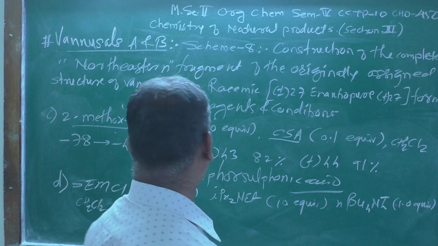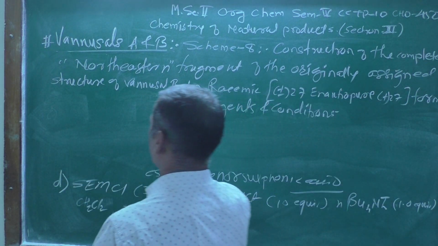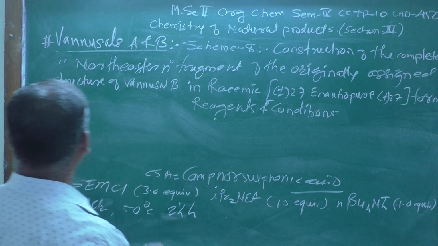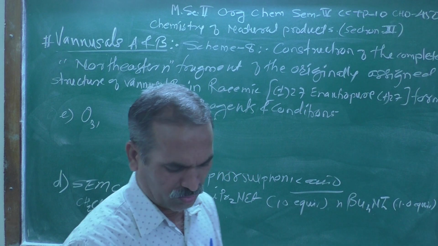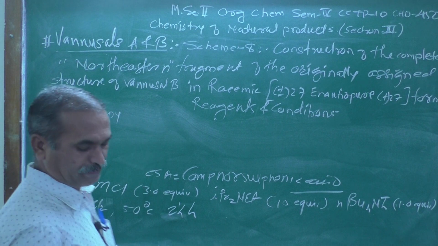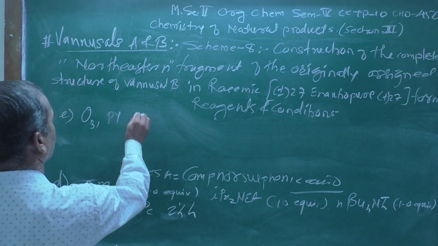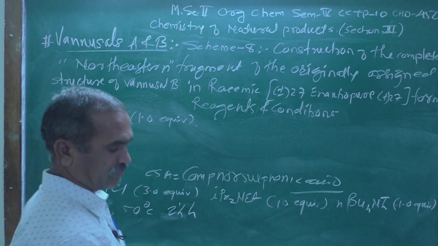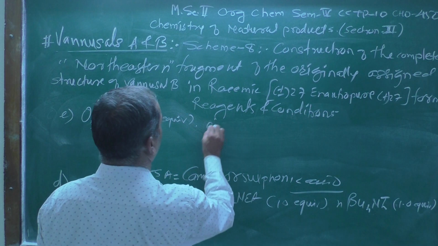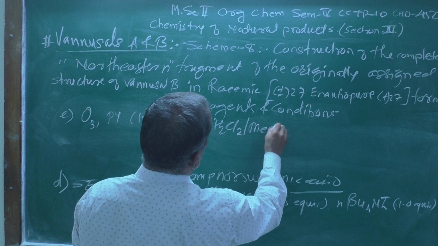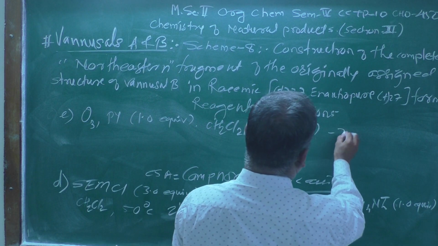The next reagent used in this scheme is E, O3, ozonolysis, in presence of pyridine, Py meaning pyridine, which was taken 1.0 equivalent, followed by the solvent CH2Cl2 and methanol in 1:1 proportion, and temperature near about -78 degrees centigrade.